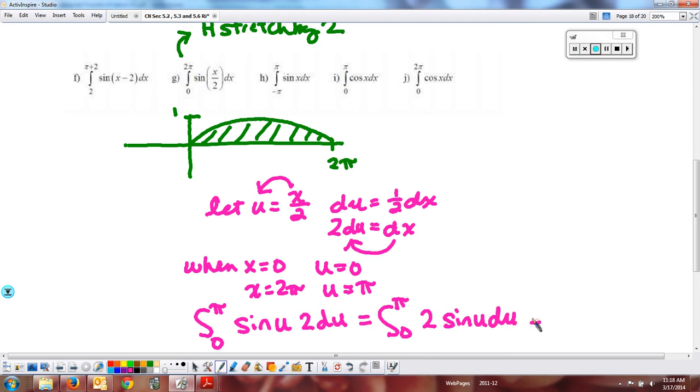And what do I do with the constant? I pull it to the front, and we can verify that our area is indeed twice the area that we had before, 2 times 2, which is 4.